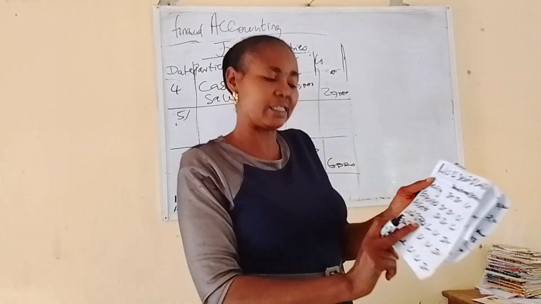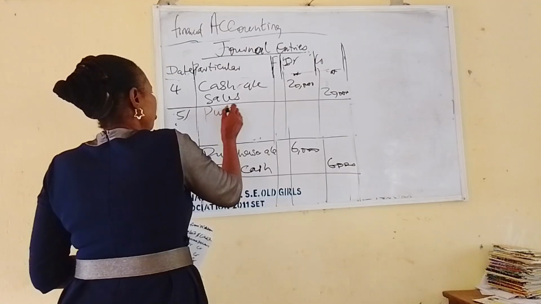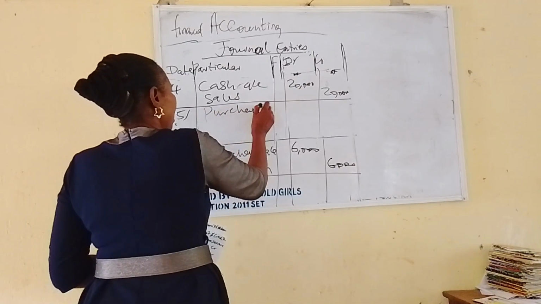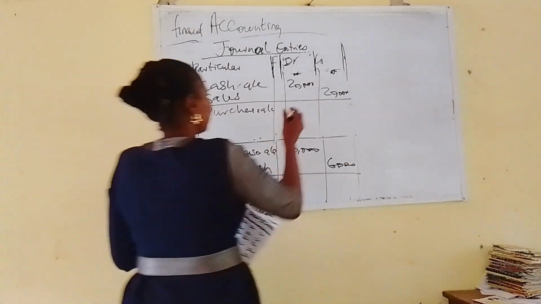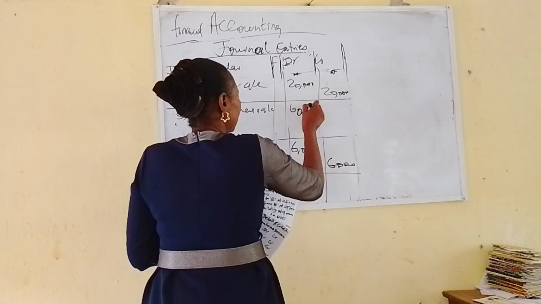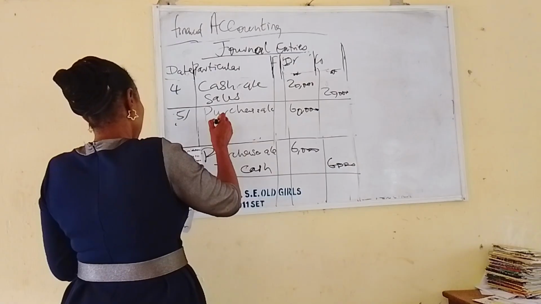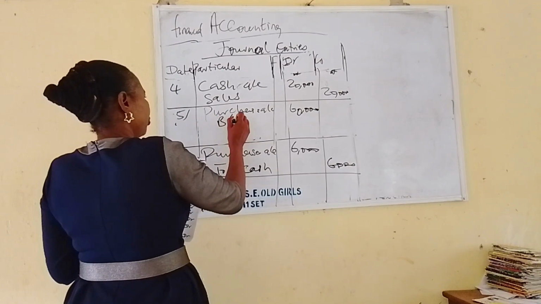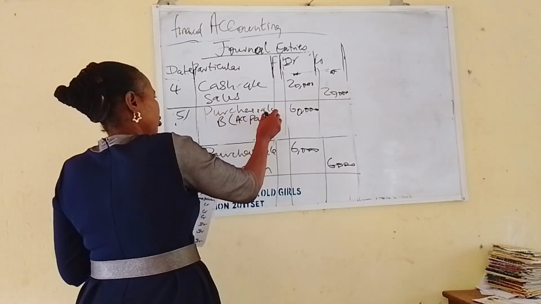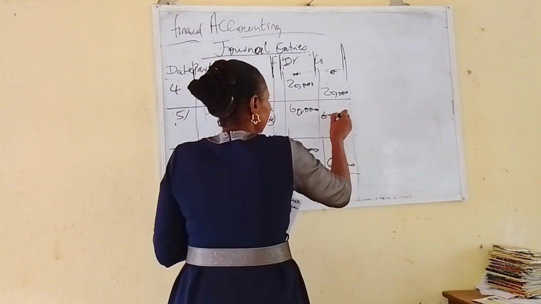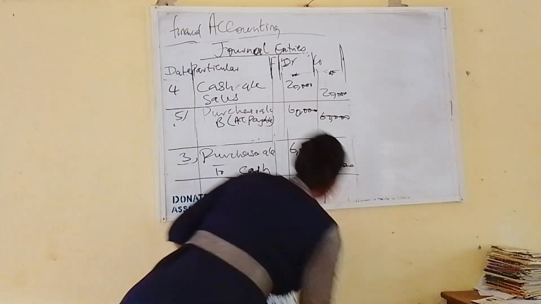And when it increases, you do what? You credit. So first one should be purchases account, 60,000 naira. Then A, in brackets, accounts payable, 60,000 naira.